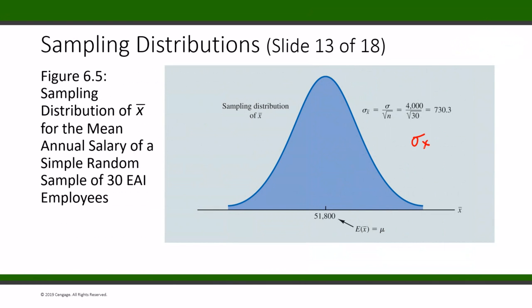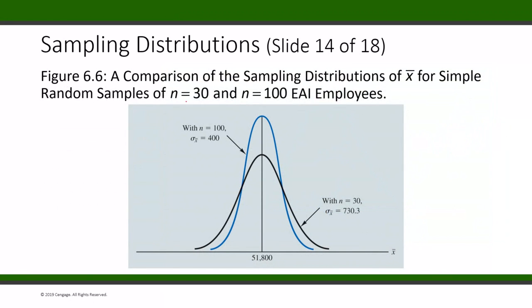And the standard deviation is sigma over the square root of n. Here sigma is the true standard deviation, and n is 30. So we found the standard deviation of the sampling distribution, and this comes out to be this number, so we can actually construct this graph.